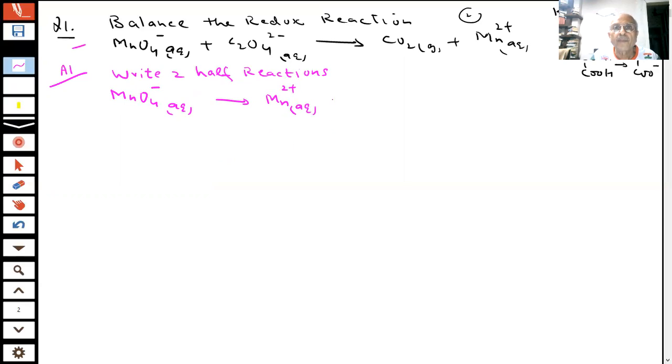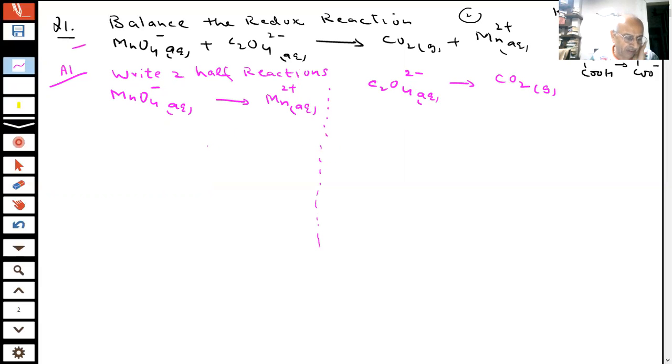What is the other half reaction? C2O4 2 minus is going into CO2 gas.